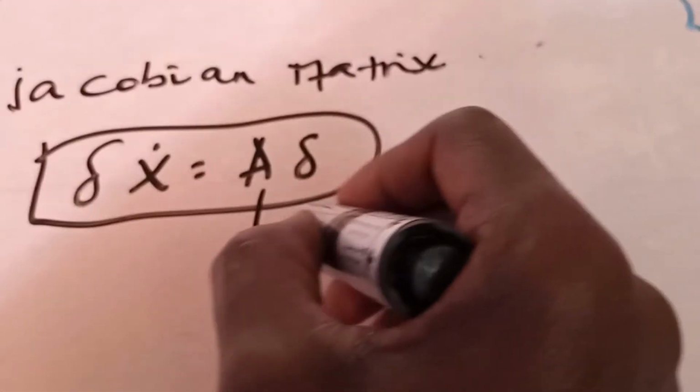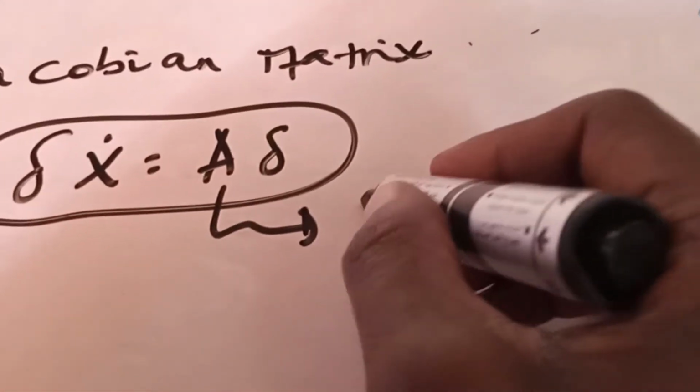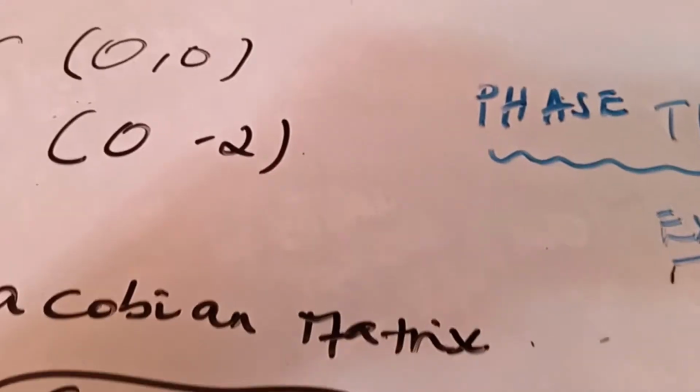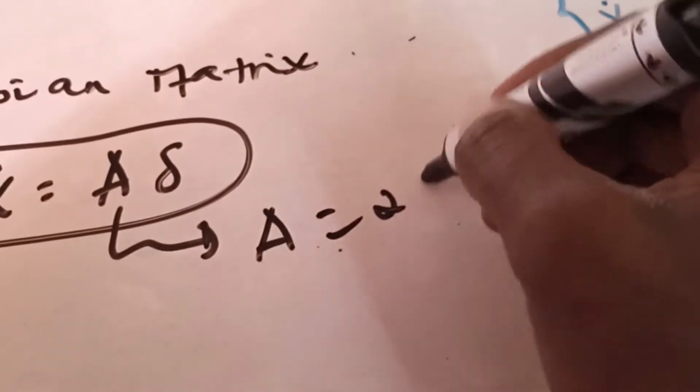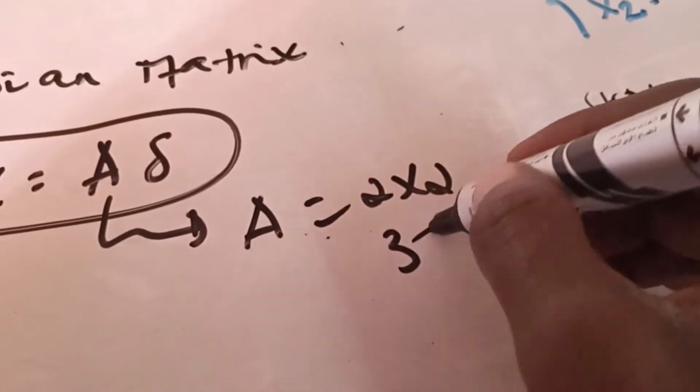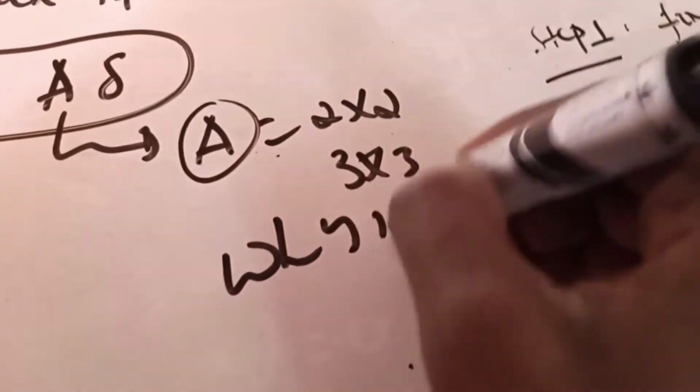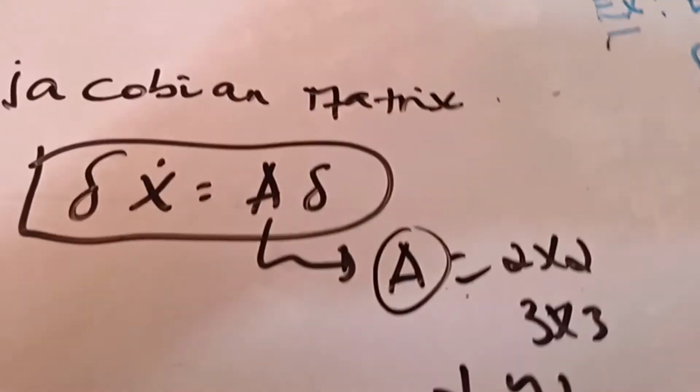So we have to find out this A. What is A? A is our matrix, which may be a 2 by 2 matrix, or a 3 by 3 matrix. So how do we find this A?